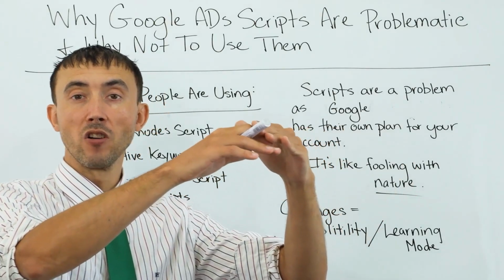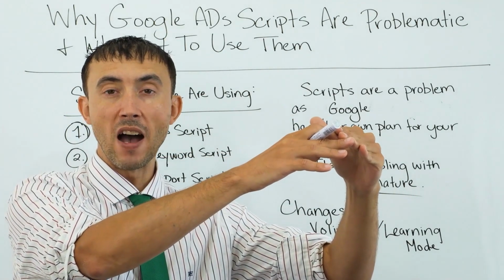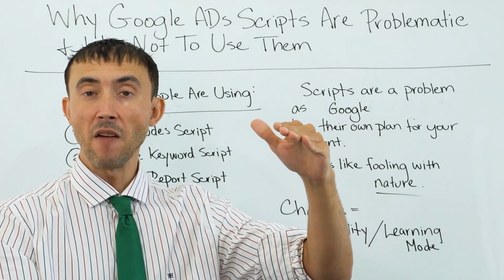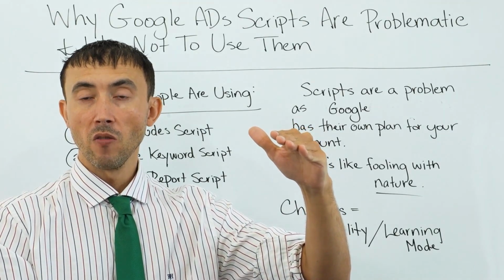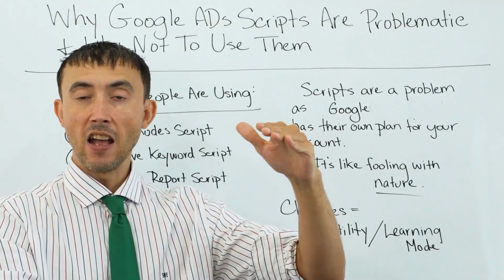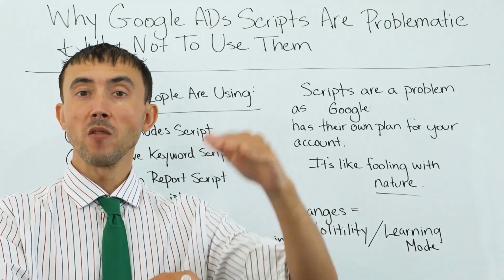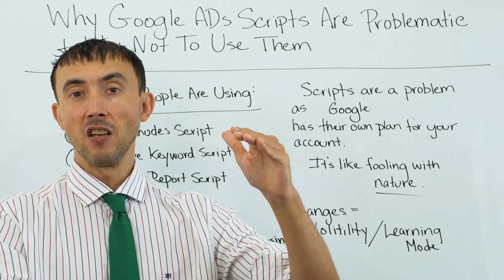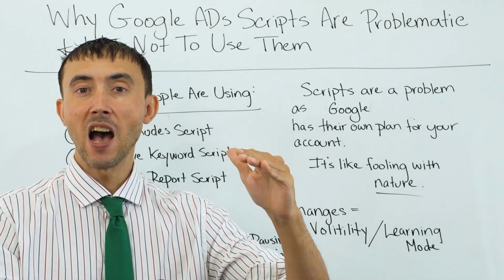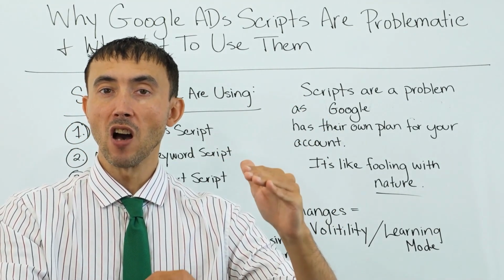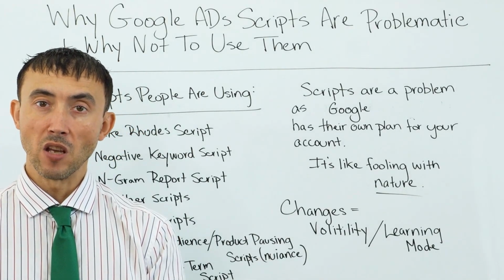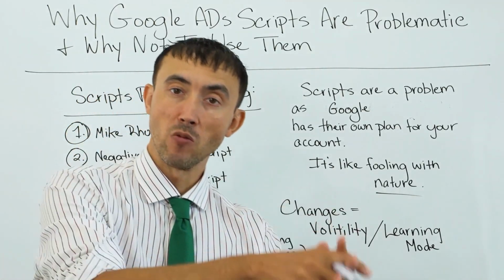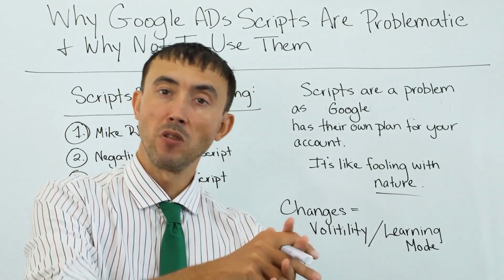And then once you go back into learning mode, whatever they knew about who buys, they act like they don't know it anymore. So you're just getting in front of everybody in general versus just the people who buy. And so even though you just wanted to tell Google to run your ads more aggressively when it rained, ultimately what happens is, yes, you do that, but at the same time, all the other optimizations are gone. That is, they know when somebody has bought from your competitor in the recent past, that's the time when your ad should really show and to bid 4 times as much for that person.